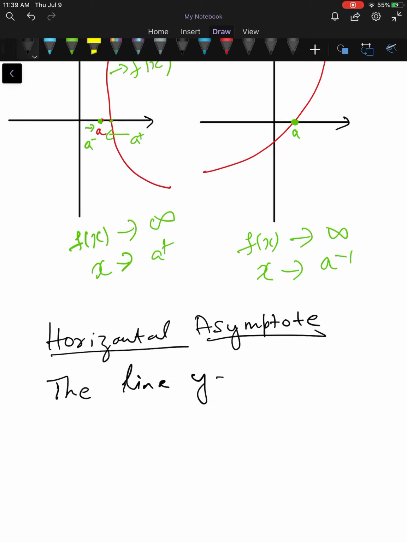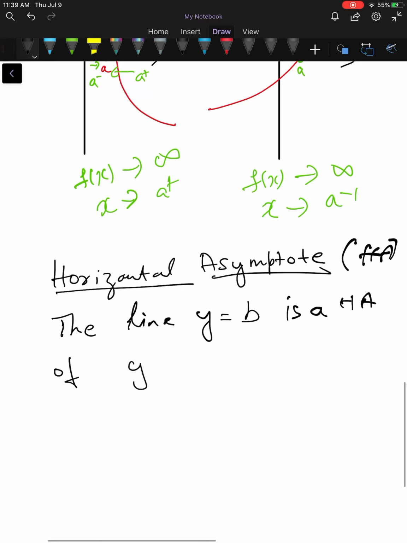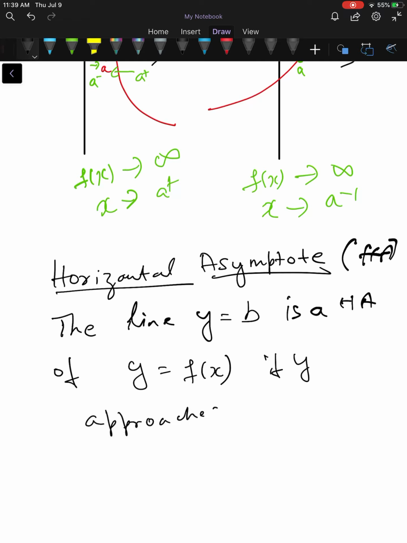So the line y is equal to b is a horizontal asymptote, which I write as HA, of f of x, if y approaches b as x approaches plus or minus infinity. So the x value is increasing to plus infinity or negative infinity, but y approaches b.